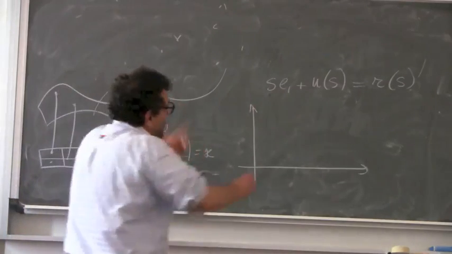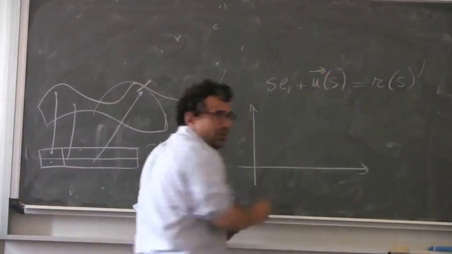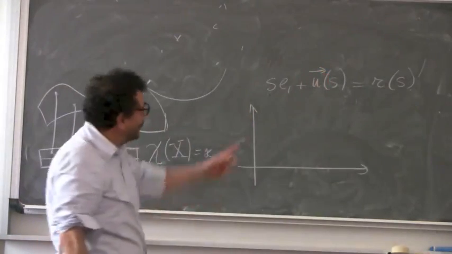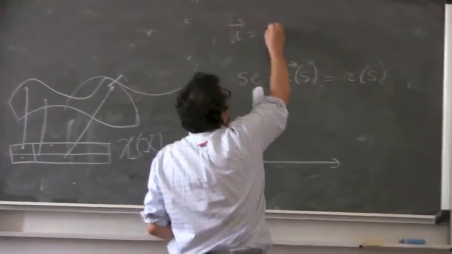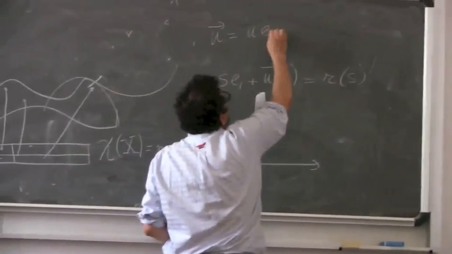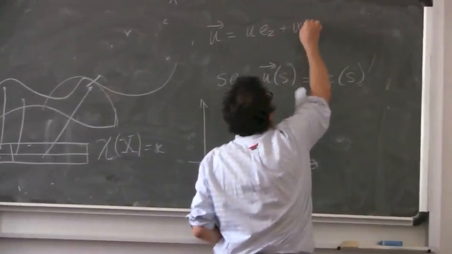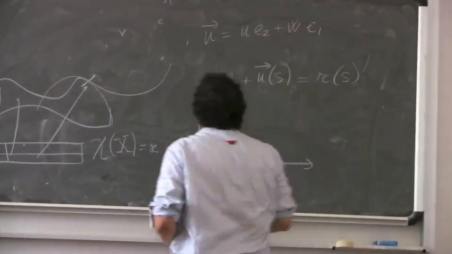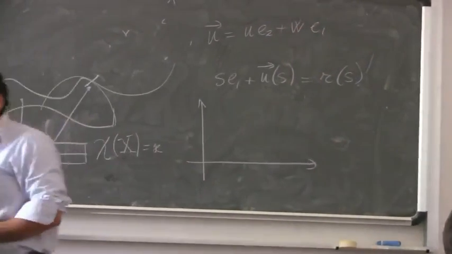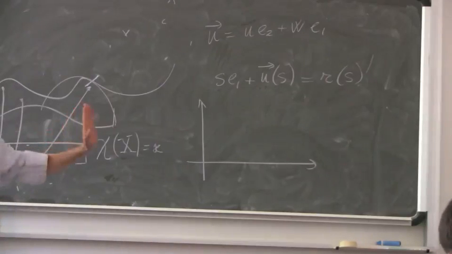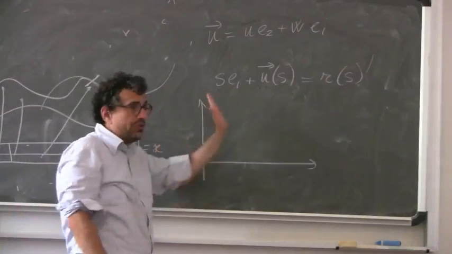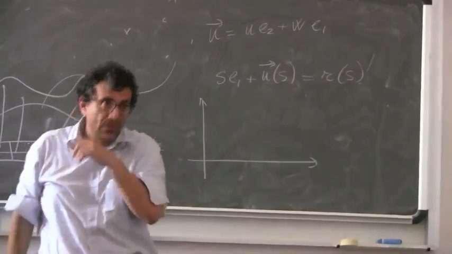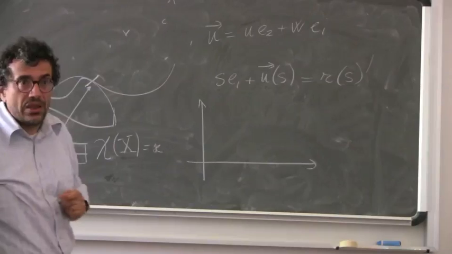So here maybe we could write an arrow at the top for telling that this animal has two components, u E2 plus w E1. Okay? W is 0. So you have only transverse displacement.